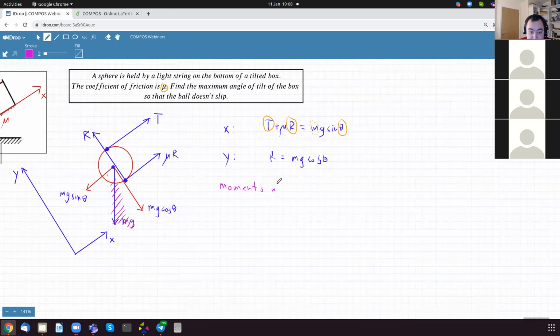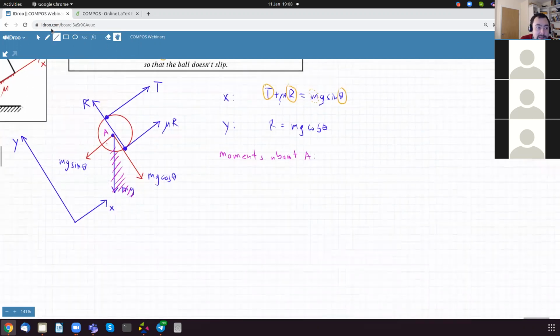Moments about the point A. Let's call it about A. And you can see that the moment of R is 0. So R times 0, plus mg times 0, because mg is applied at the center.